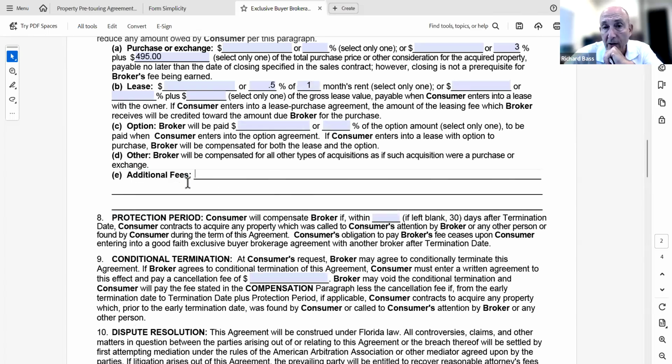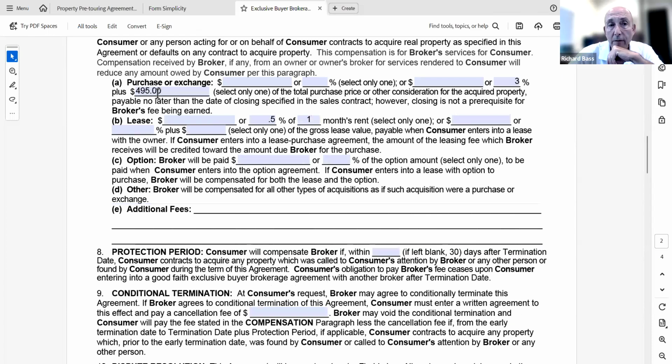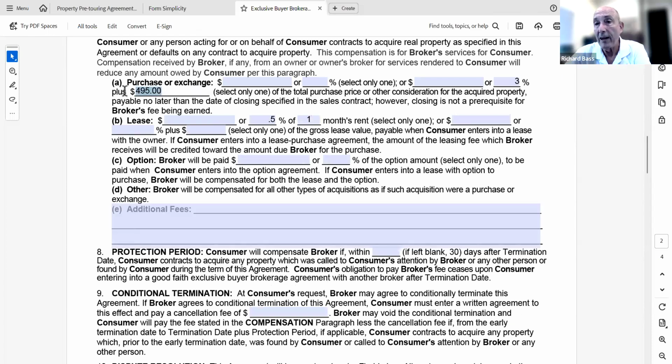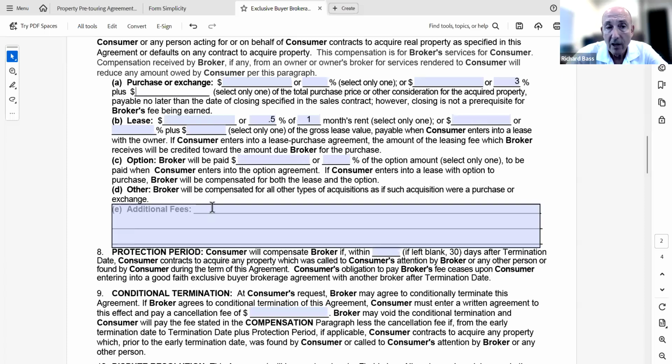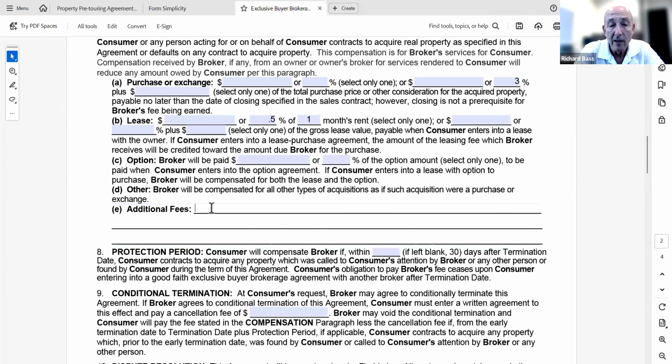And additional fees. Where I see agents using this additional fees, if you use a transaction coordinator, instead of putting in the $495 up there, which becomes part of your commission, you can actually write in down here, buyer agrees to pay, and you can, if you have a specific transaction coordinator, Trevor Coyne is a great one working out of our Fort Lauderdale office.